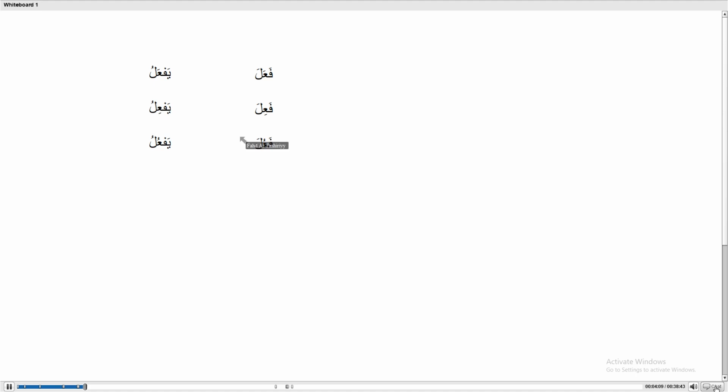Now, how many possible combinations could be made from the three forms of the madi with the three forms of the mudari'? 3 times 3, which is 9. These are the possible combinations that could be done.